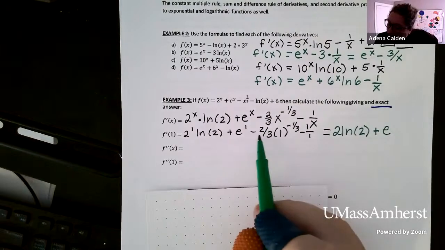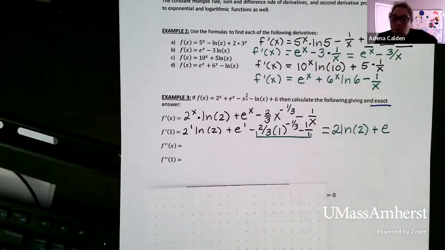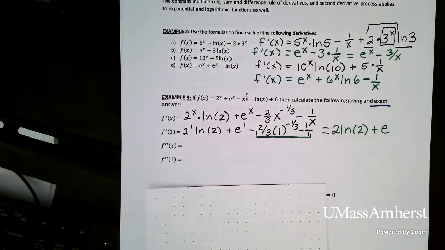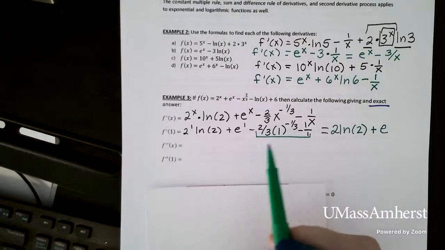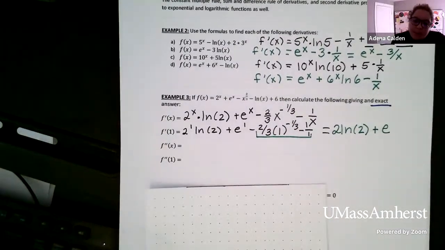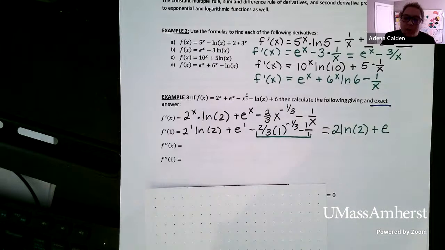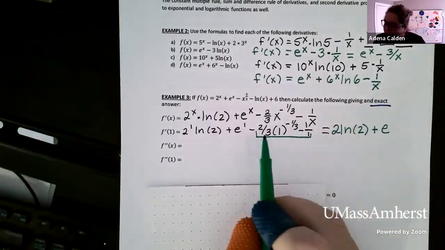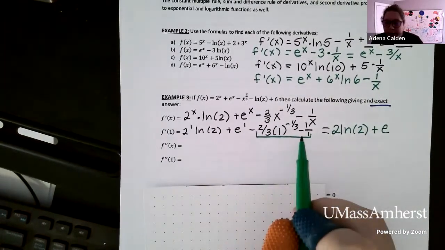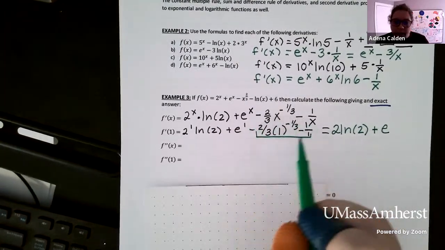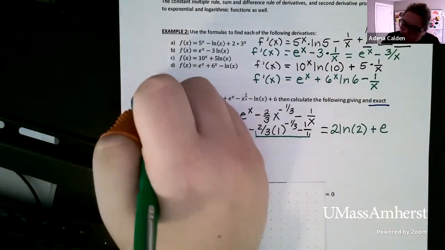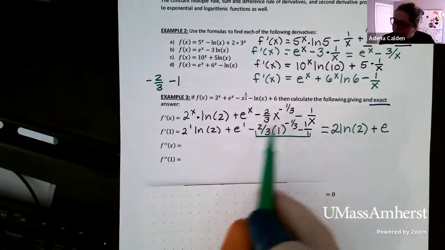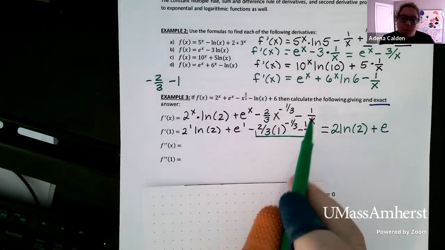Okay. Now here is where we can do some combining. The last term, we have 1 over 1. 1 over 1 is just 1. Now, this other term looks really complicated, but what we need to remember is that 1 to any power is just 1. So 1 to the negative 1/3 is 1. So this is negative 2/3 minus 1 is the calculation that we're going to be doing here. The negative 2/3 is from here, and the 1 is from the 1 over 1.